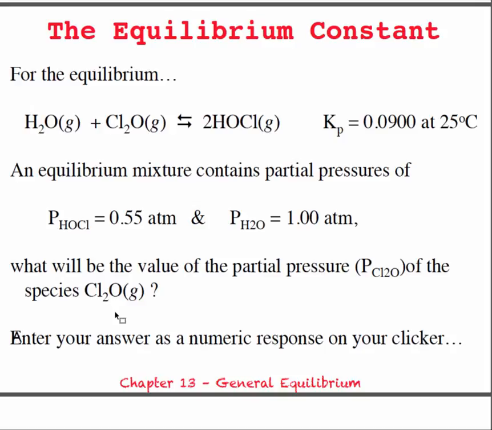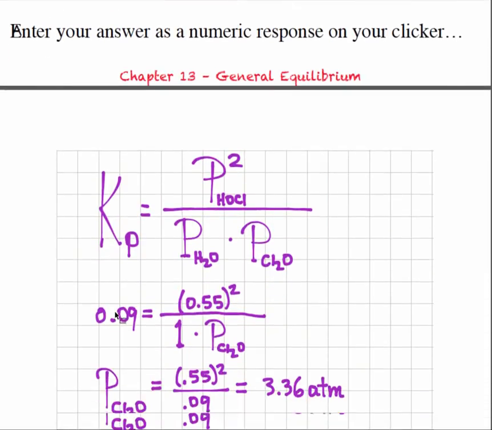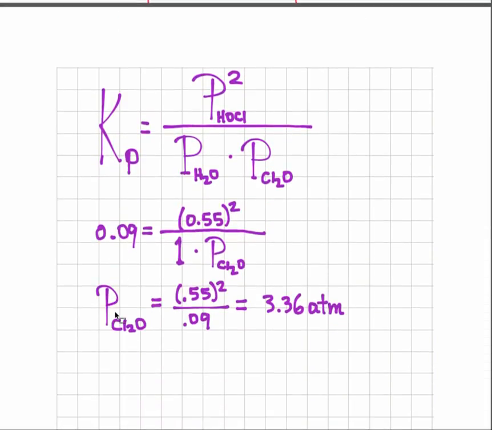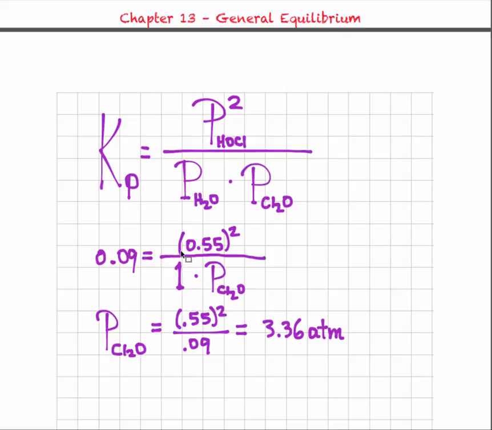Again, this isn't necessarily a manipulate-the-constant example, but it's a good example of how, if we know all the variables except for one of them, 0.09 was the constant, I know the partial pressure of this gas, I know the partial pressure of this gas, I can solve for the partial pressure of that gas.